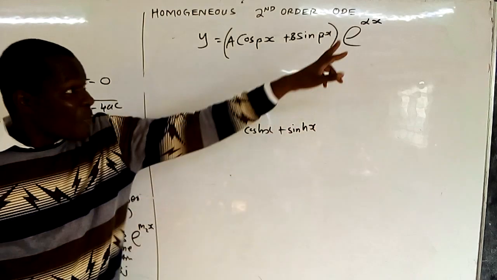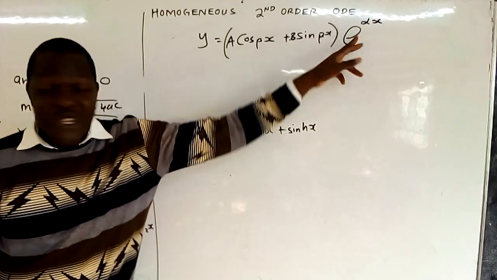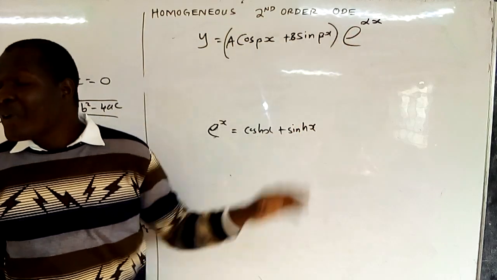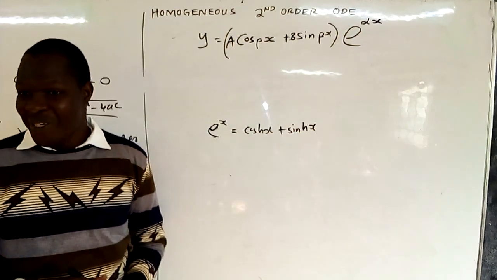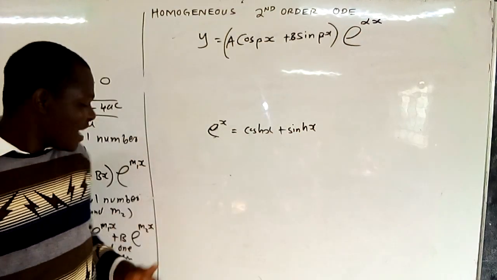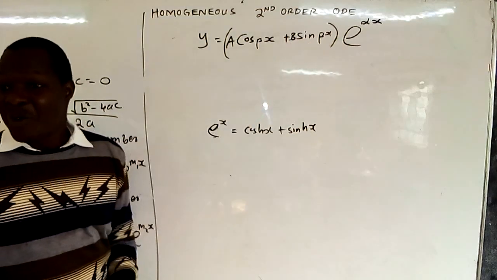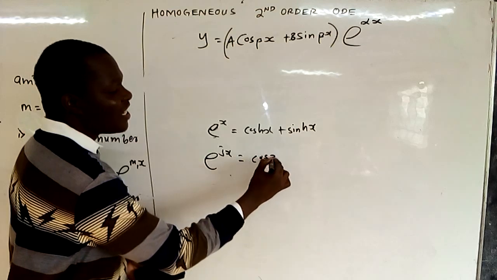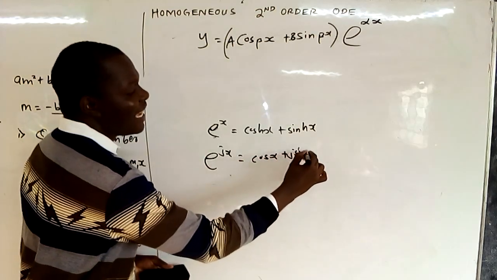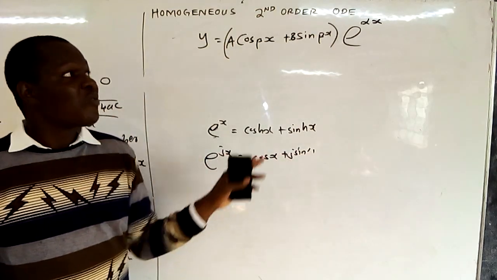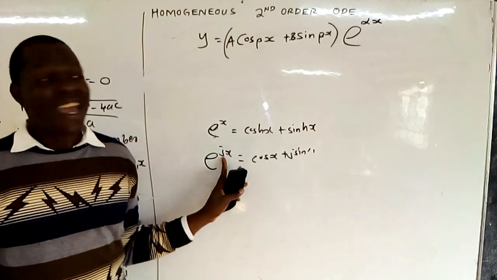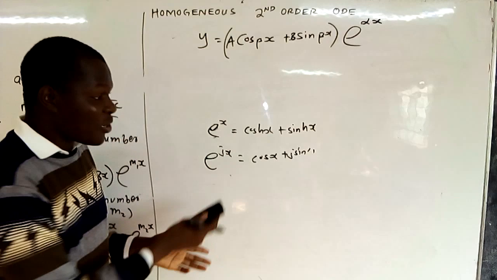So these real parts are always hyperbolic, but we are dealing with them in terms of an exponential function. Are you seeing that? And when they are imaginary, we are dealing with them in terms of trigonometric function, because you know very well that exponential jx is cos x plus j sin x. Meaning, when you are dealing with a case of imaginary, we don't express the exponential function with the imaginary j. We leave them in the form of trigonometric functions.